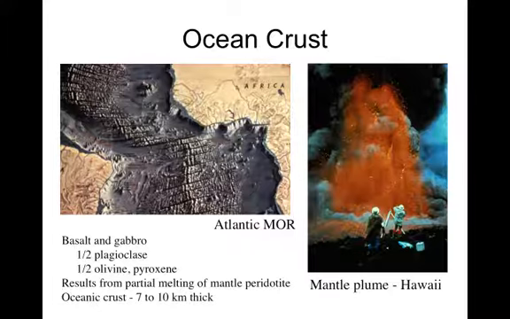Those are coming up at mid-ocean ridges, like the Atlantic mid-ocean ridge, or mantle plumes, like the chain of islands in Hawaii. And it's forming a relatively thin crust of the ocean floor, 7 to 10 kilometers thick.